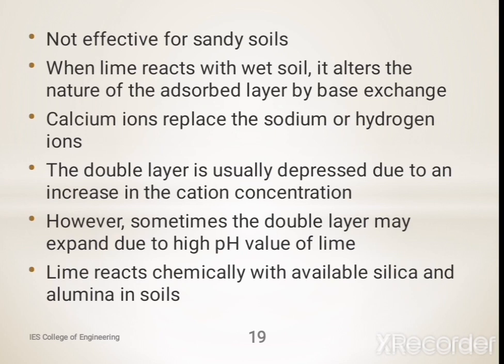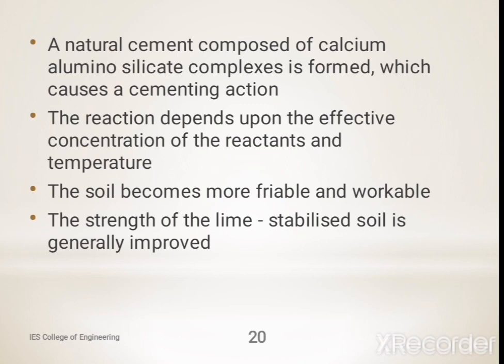However, sometimes the double layer may expand due to the high pH value of lime. Lime reacts chemically with available silica and aluminosilicates. A natural cement composed of calcium aluminosilicate complexes is formed, which causes a cementing action.